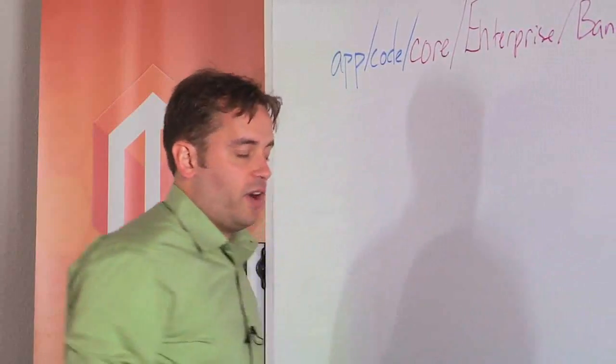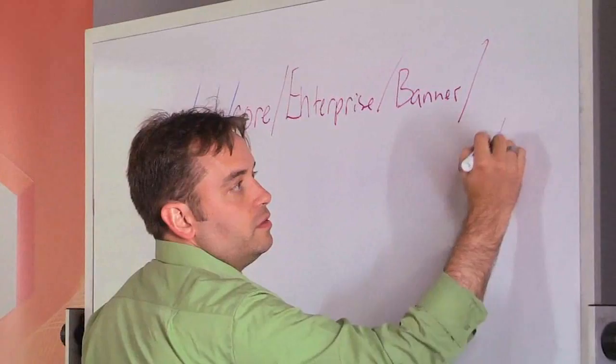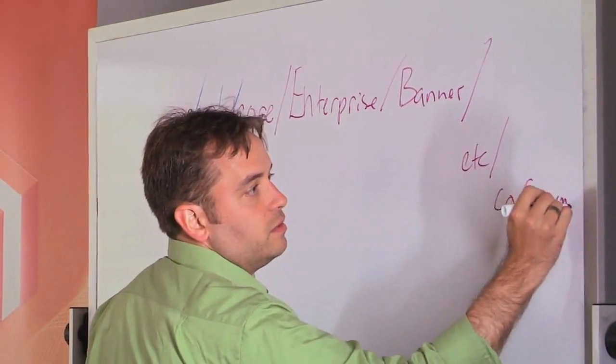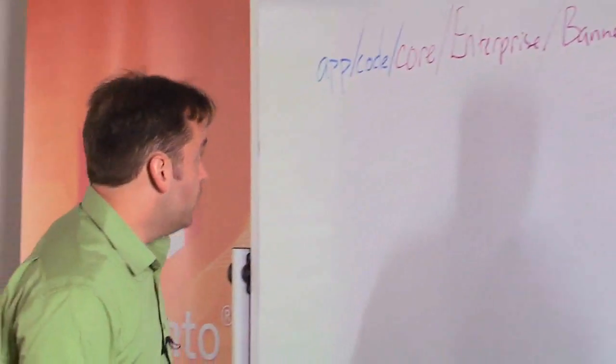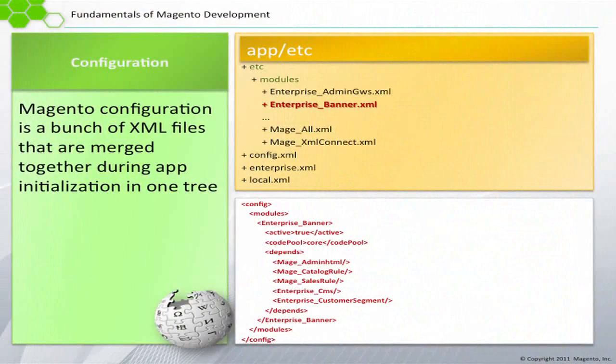And then in here, I would find my etc folder, and inside there, config.xml. Okay? So that is how Magento finds out about your module. Any questions? All right. So that's step one.